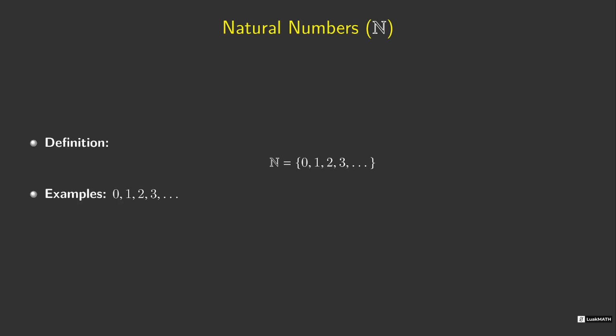Please be aware that in some textbooks you might see other definitions where 0 is not included here. That is perfectly acceptable because there is no agreement in the math community of which of the definitions is correct or is accepted.